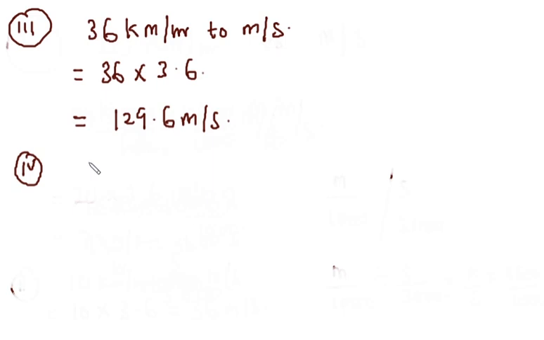For another example, say we have 50 meters per second to km per hour. To convert 50 meters per second to km per hour, for km per hour to meter per second our constant conversion term was times 3.6, but in this case it will be reversed.